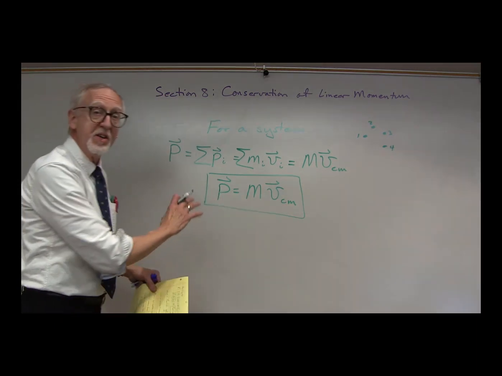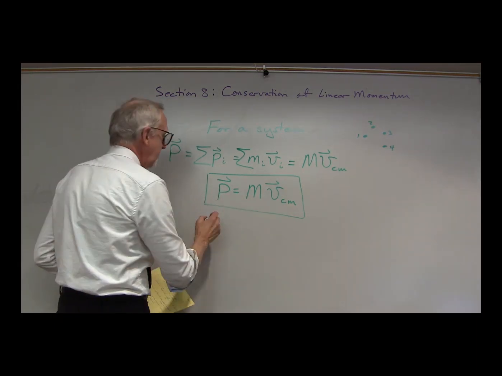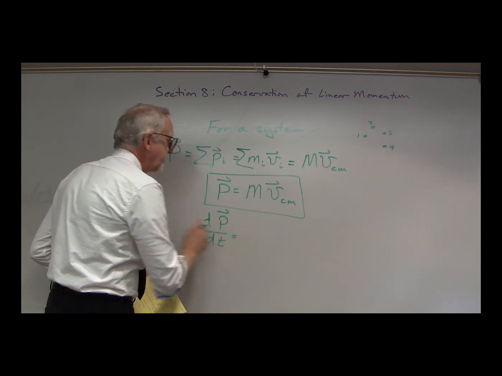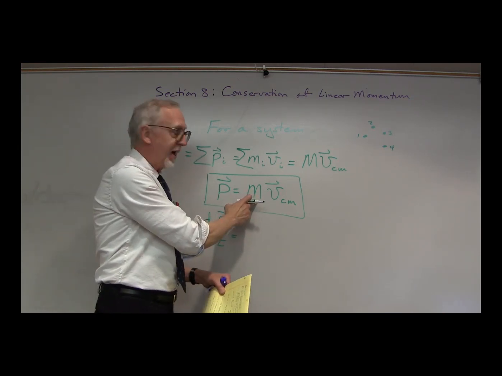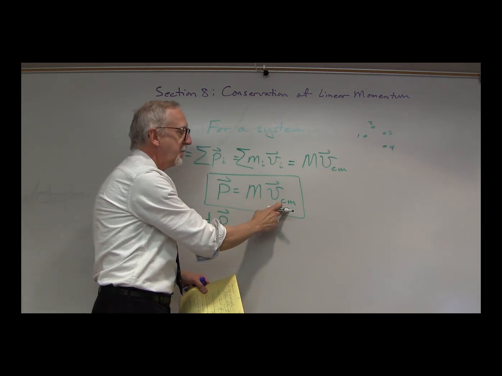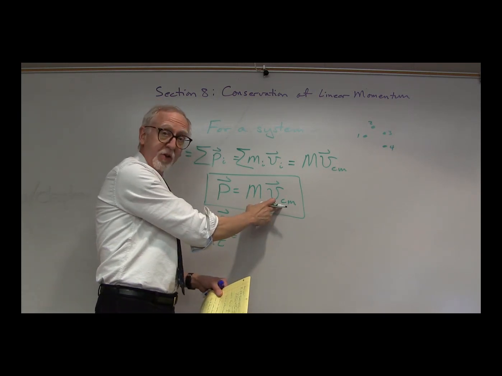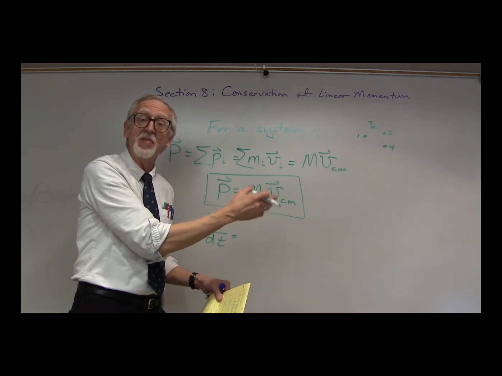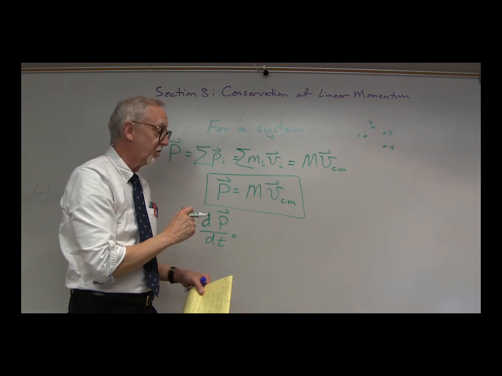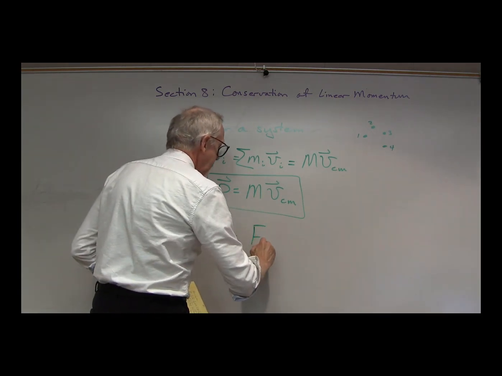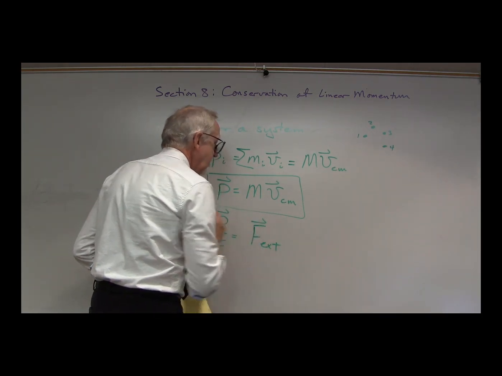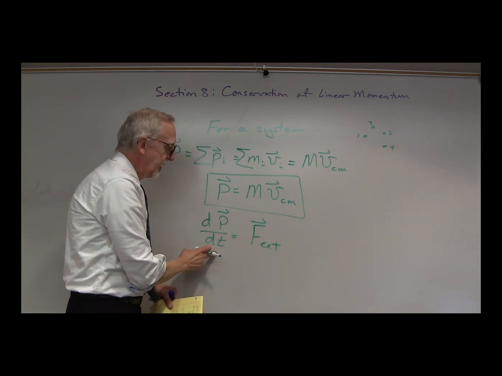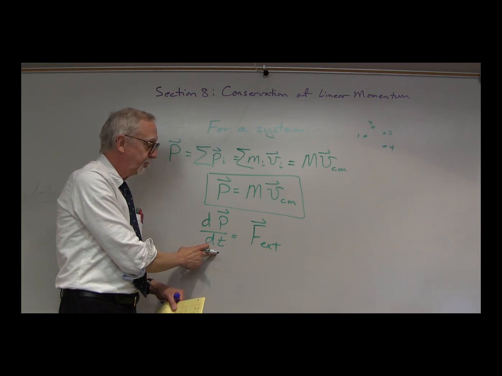Now, what if we differentiate this result with respect to t? We get dp/dt is equal to, again, assuming mass is constant, m dv_cm/dt, which is, like we saw, m a_cm, and we just saw that that was the total of all of the external forces. So this is the sum of all of the external forces equal to dp/dt.